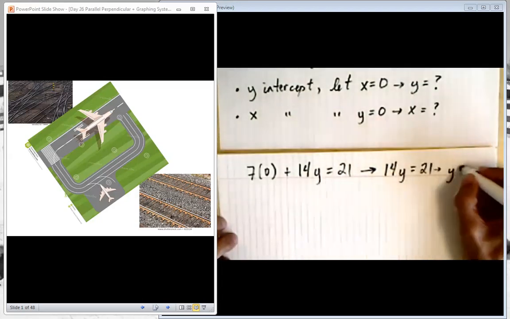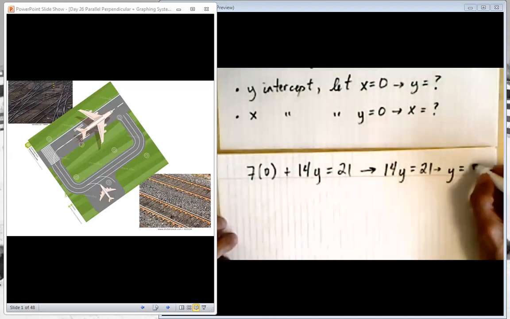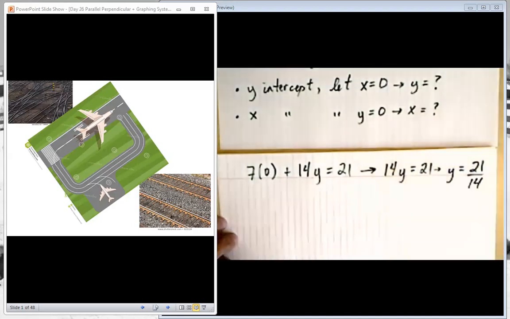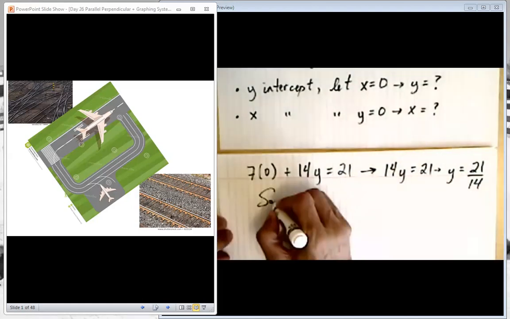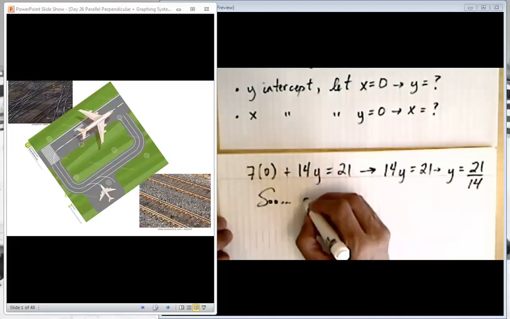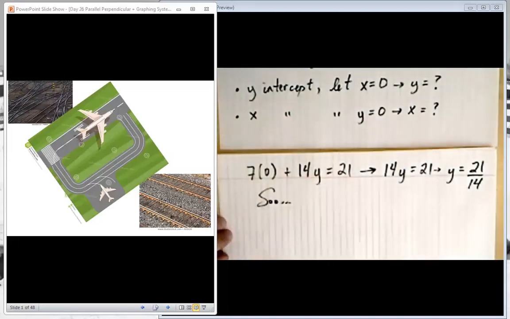Breaking out a middle step: y equals 21 over 14. Then your math brain should hopefully see something in 21 and 14. Close, 3 and something.